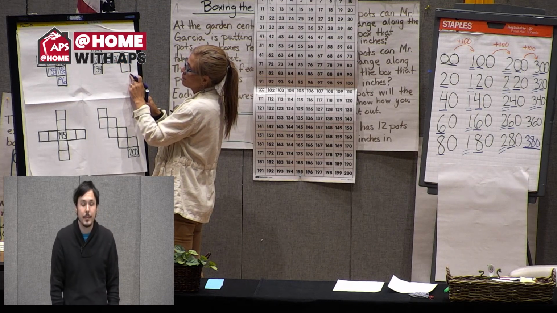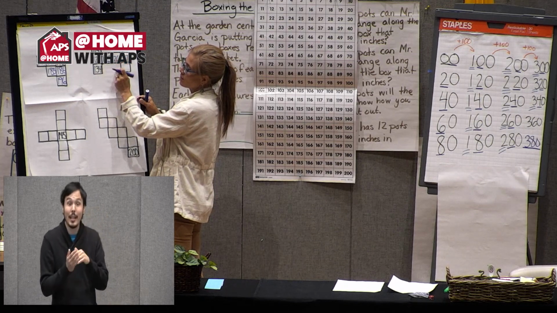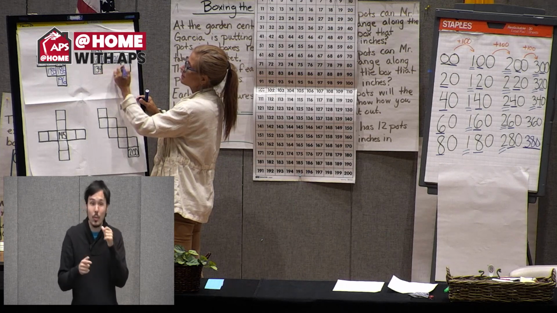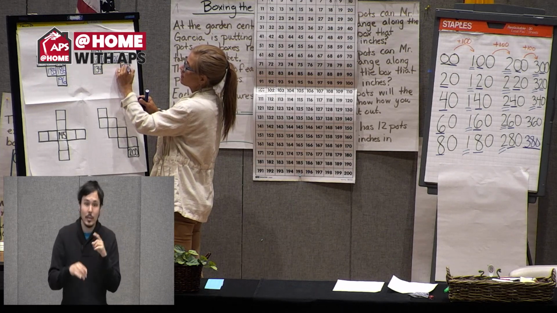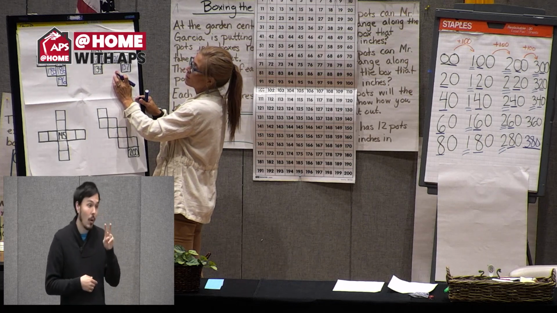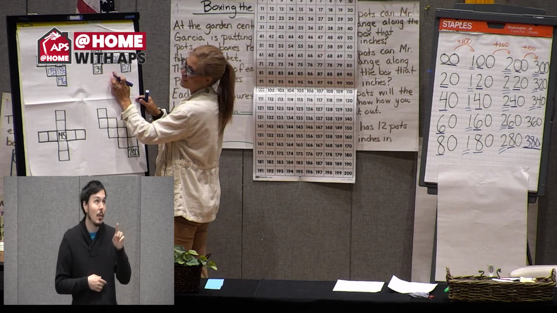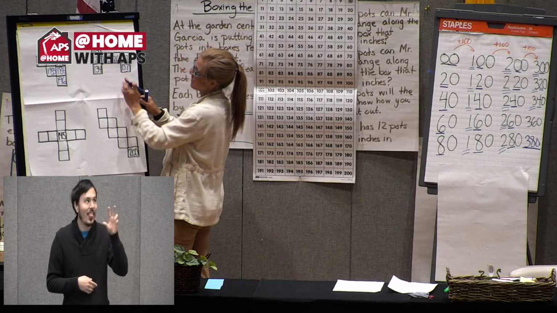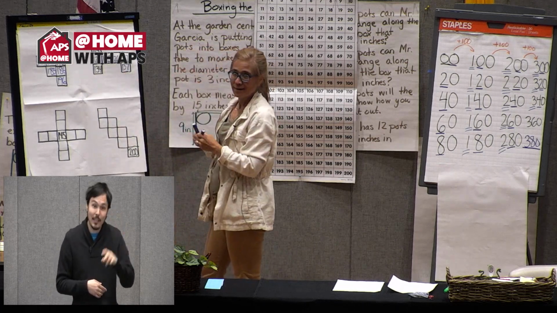And then down here, we're back in that 30s row, even though we don't have these two boxes, right? 137. If we did have those, 134, 135, 136, 137. It would work, wouldn't it?